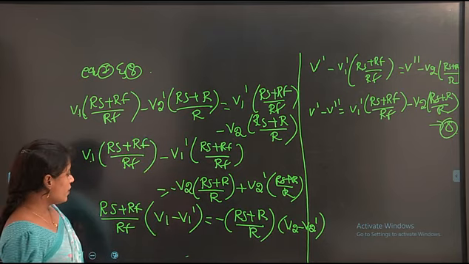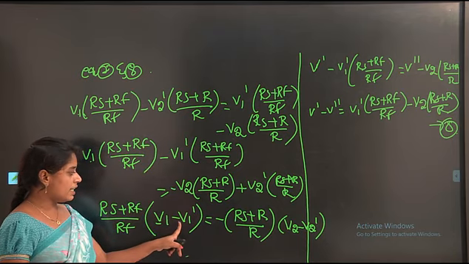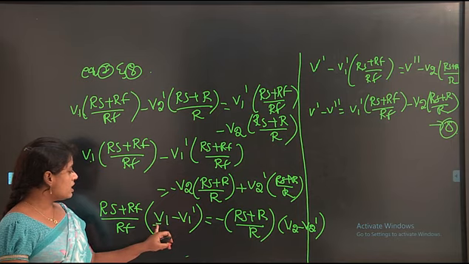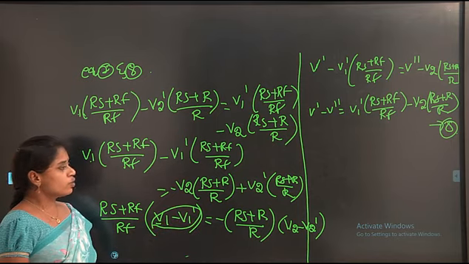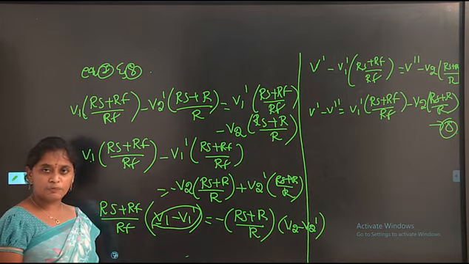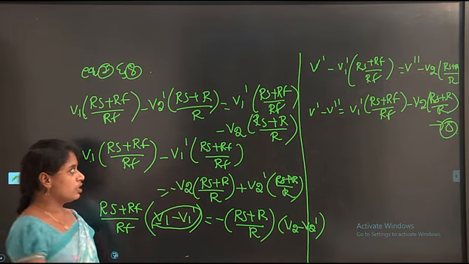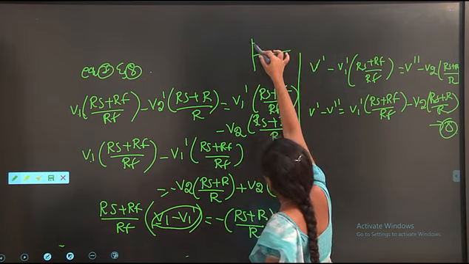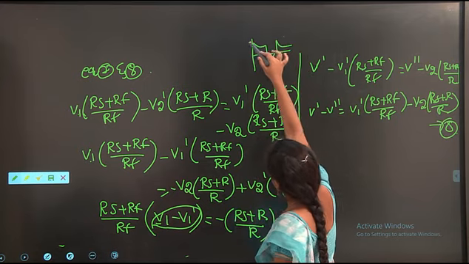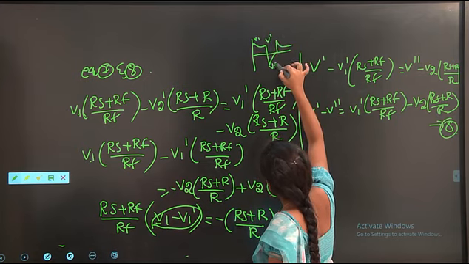So we say that V1 minus V1 dash is delta F. Delta F is nothing but the difference between the input waveform, that is V1 and V1 dash, and the output waveform is V2 and V2 dash.